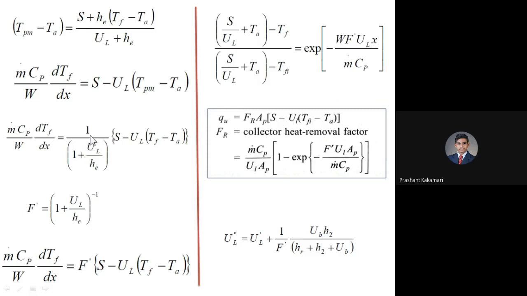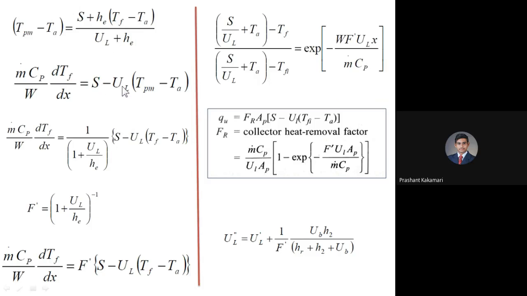So we will be left with 1 by 1 plus UL by HE, and inside the bracket we will be left with S minus UL, TF minus TA. So this will be the equation after substituting TPM minus TA.